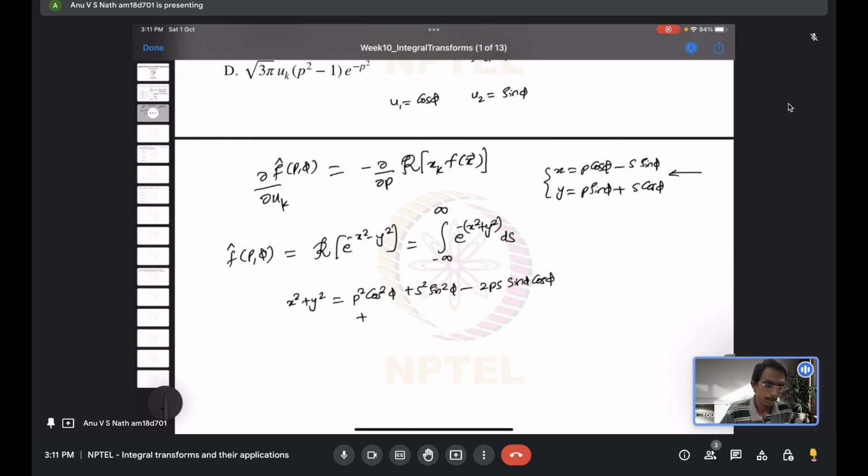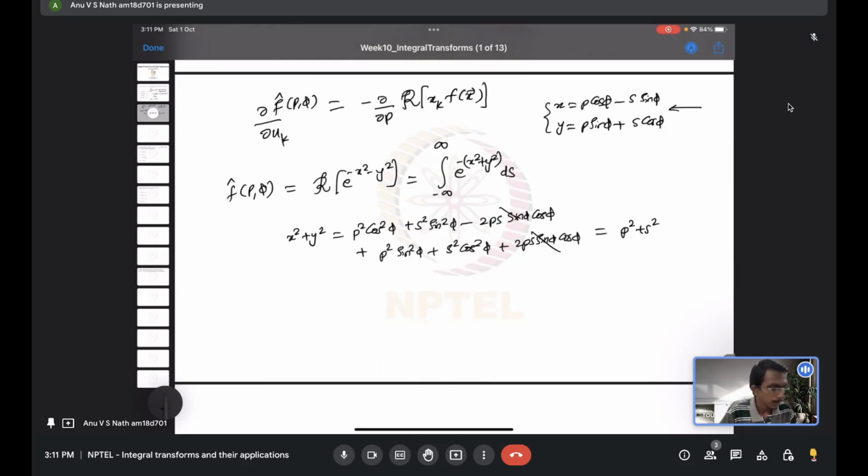Now y square is p square sin square phi plus s square cos square phi plus 2ps sin phi cos phi. You will see the sin phi cos phi terms cancel, and the remaining terms add up to p square plus s square. So x square plus y square is just p square plus s square.